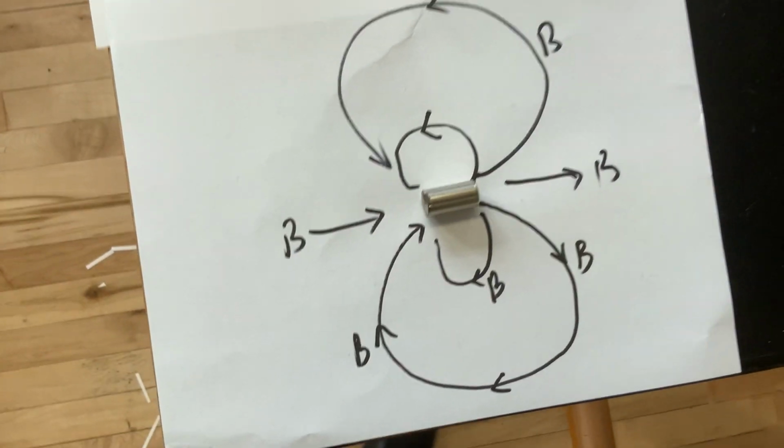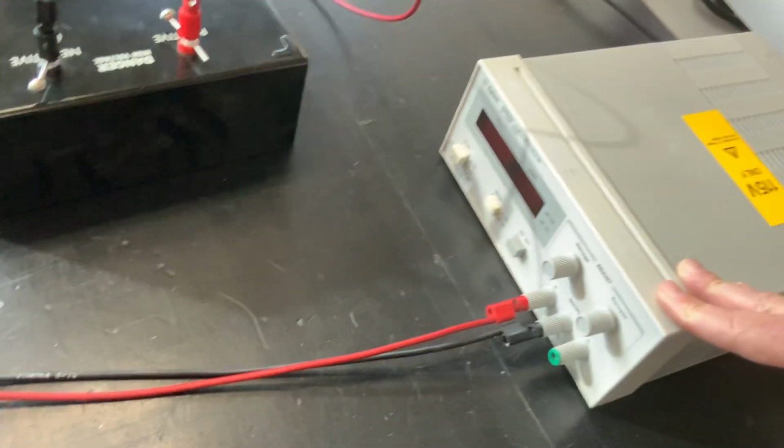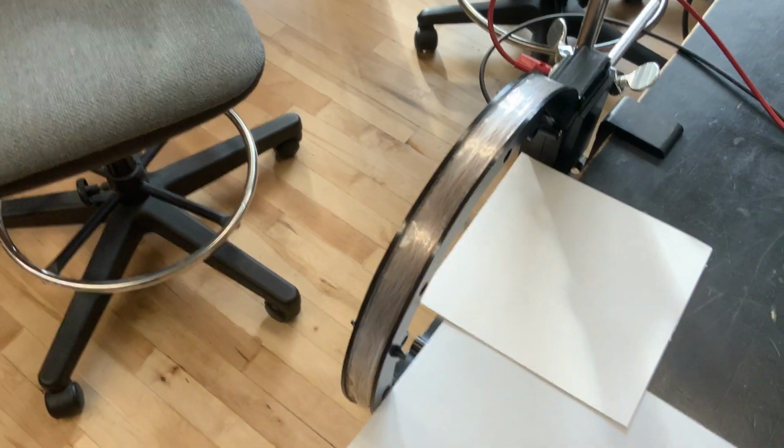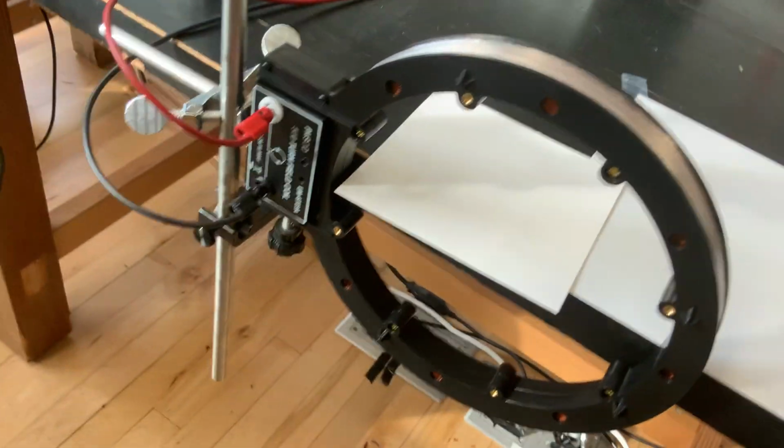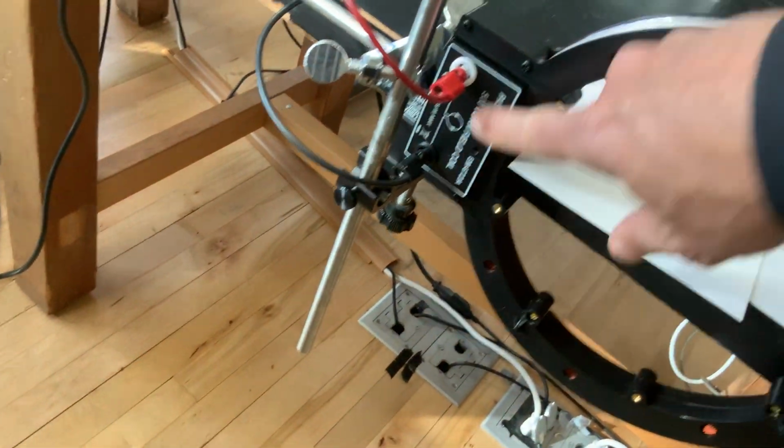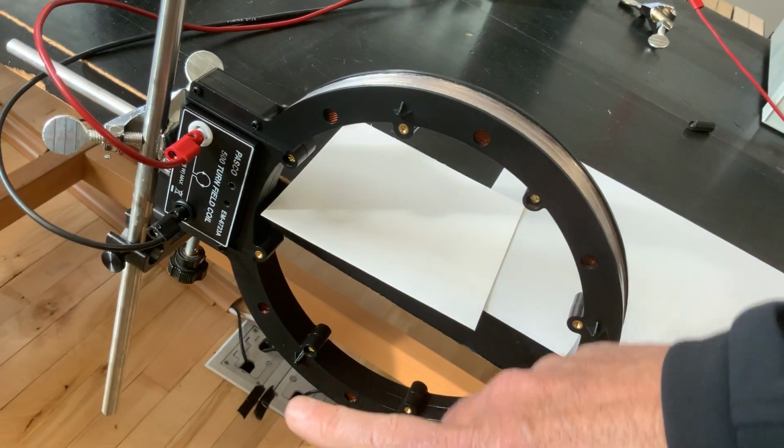Now let's look at something else over here. What we have is our familiar power supply connected over here to a long piece of wire. Now that long piece of wire is wrapped around, let me show you from this side, is wrapped around this coil. So it just goes around, actually 500 times.